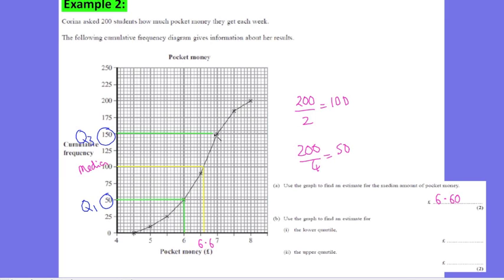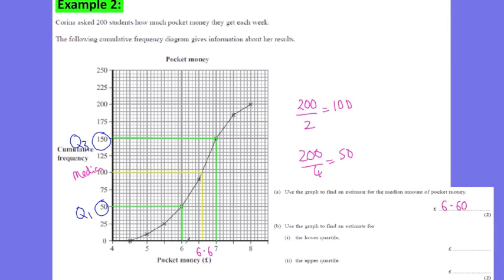And again here at 150 for the upper quartile, and down here. So reading off our values for our lower quartile, we have 6, and for our upper quartile, we have 7. So that's £6 and £7.